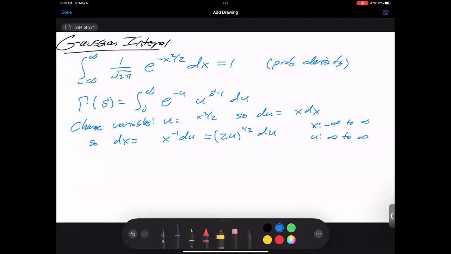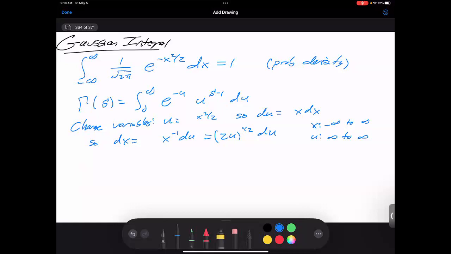Right? U is x squared over 2. When you take negative infinity, this is a problem. So again, this is a point that's often not emphasized when you do u substitution. You have to make sure that your transformation is 1-to-1. If I give you one value of x, there's a unique value of u. If I give you one value of u, there's a unique value of x. Right now, 2 different values of x go to the same value of u. There's a problem with this.